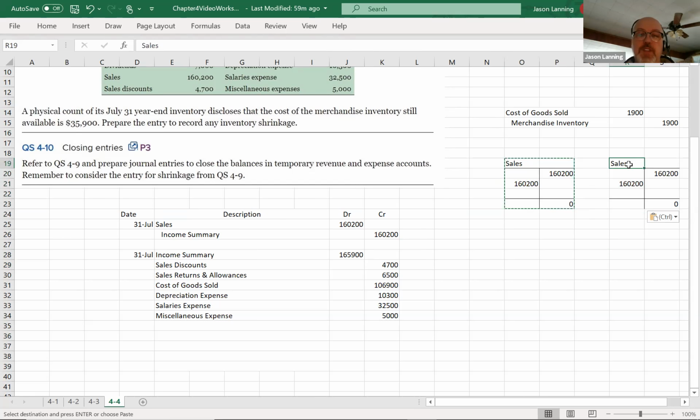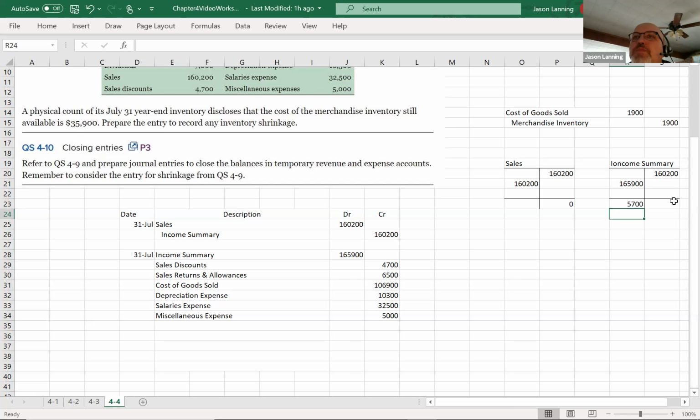So if we look at this as income summary, we had a credit of 160,200. We had a debit down below over here of 165,900, which means on income summary, we end up having a debit balance of, what is that, $5,700.